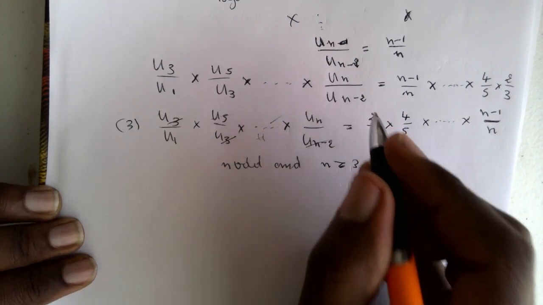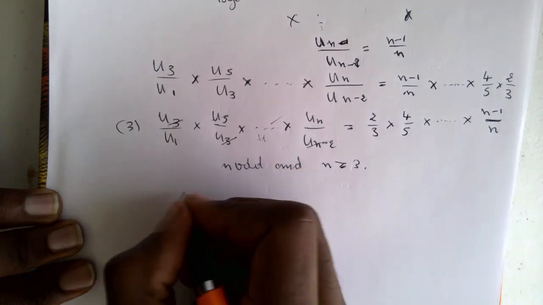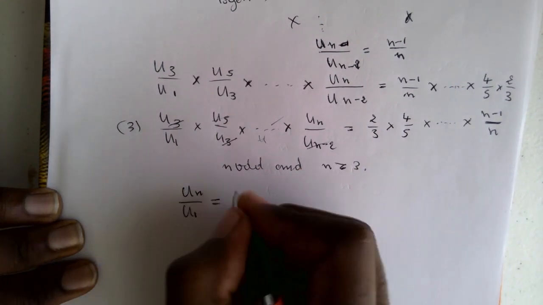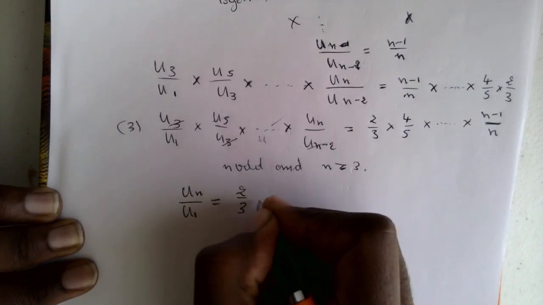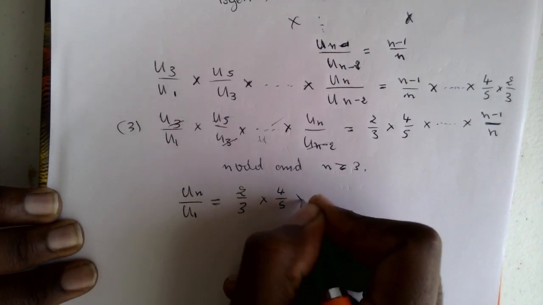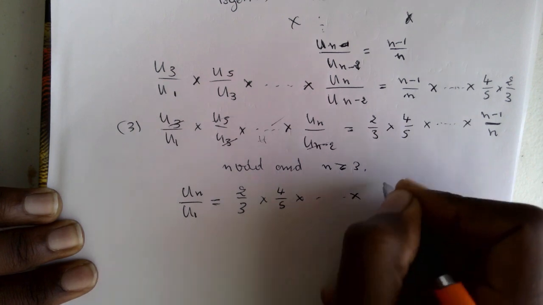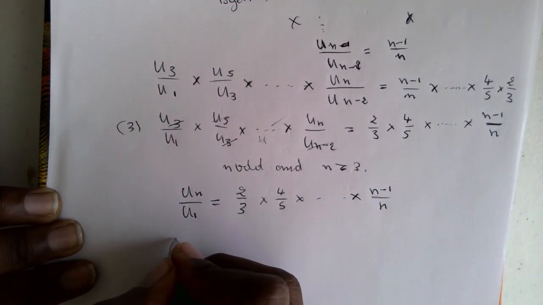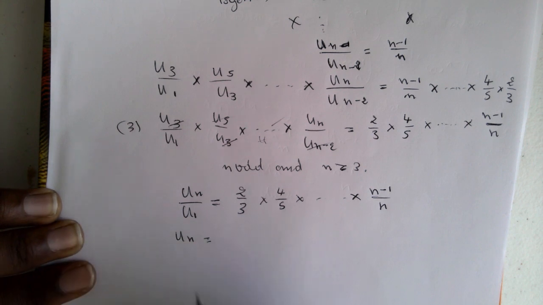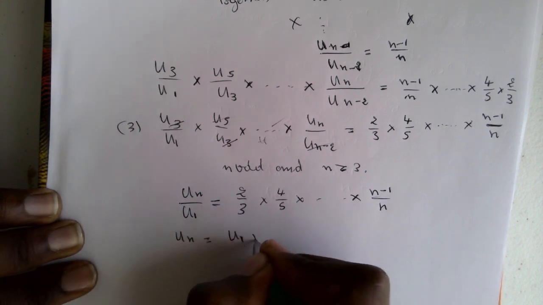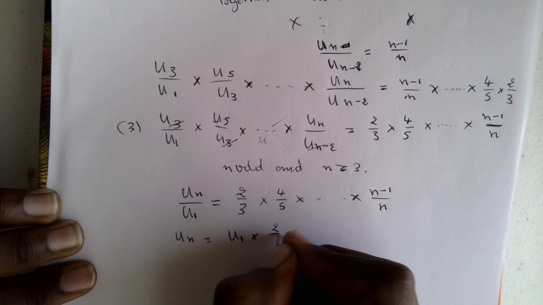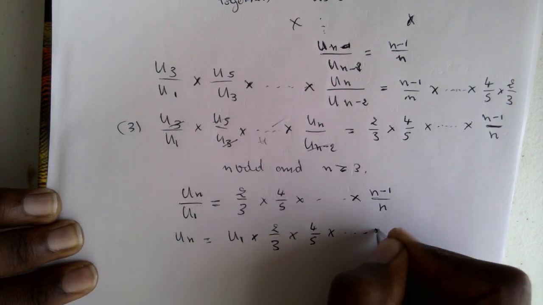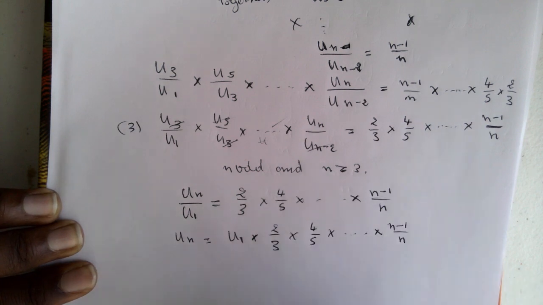So at the end, we're left with u_n over u_1 equal to 2/3 times 4/5 times etc. times n minus 1 over n, which is the same thing as u_n equals u_1 times 2/3 times 4/5 times n minus 1 over n.